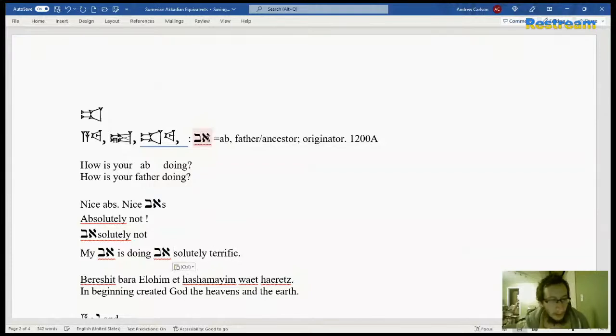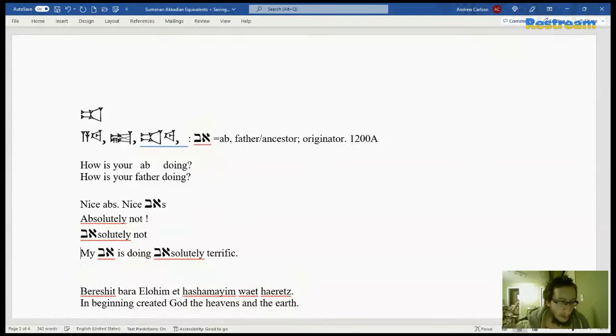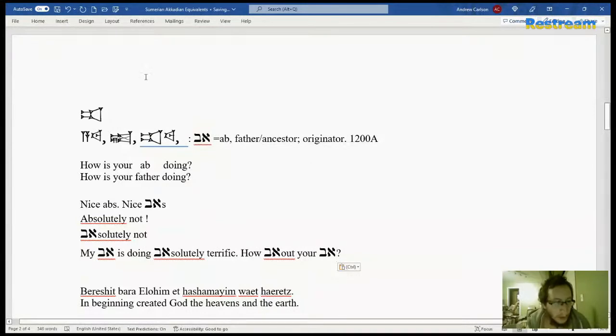Here you'd say, well, how would you say this? You would say, my father is doing absolutely terrific. How about your father? So see, they're using it in two different ways. They're using it as a translation and as a sound value, depending on context.